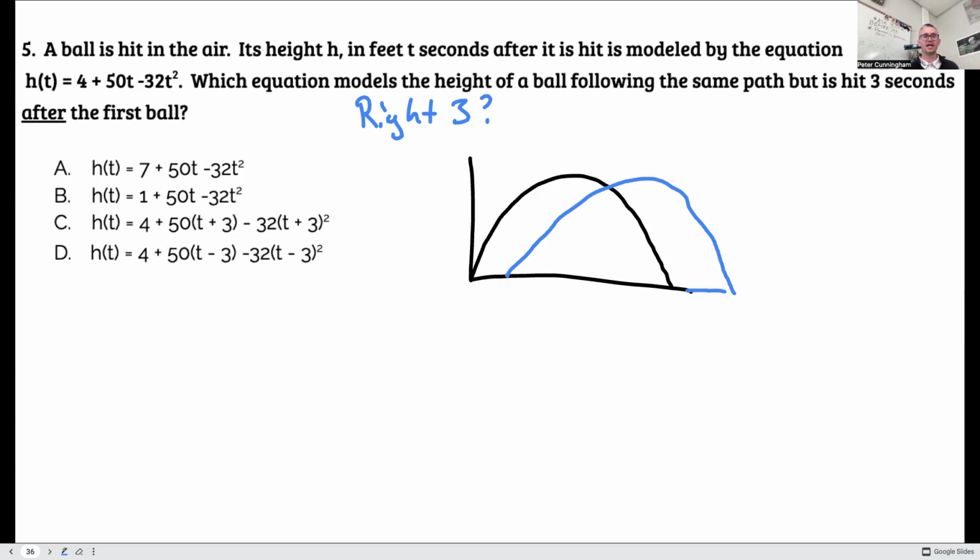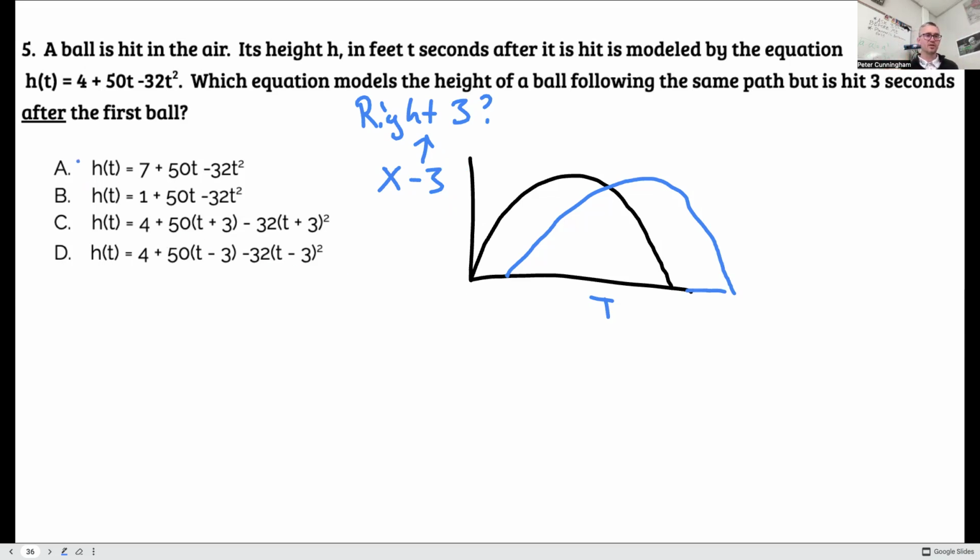So we need to go inside the parentheses wherever you see, in this case, a t, right? The time is measured here. So any place you see a t, we need to go to the right 3. Remember, x's do the opposite. So every time you have an x, or in this case a t, you're going to need to take 3 away from it. And that'll make it go 3 seconds later.